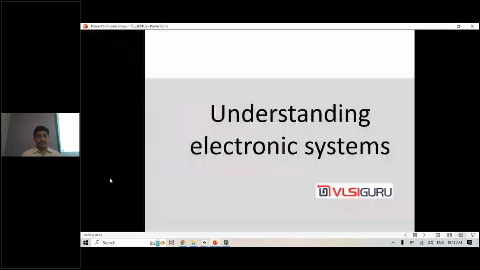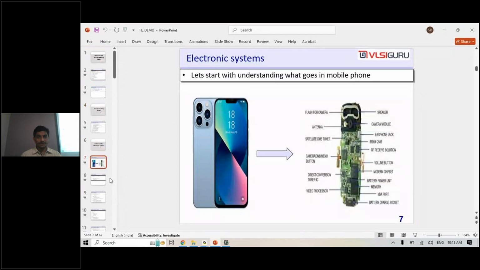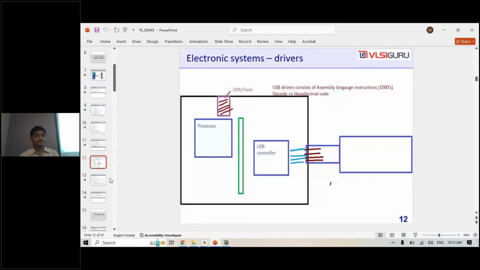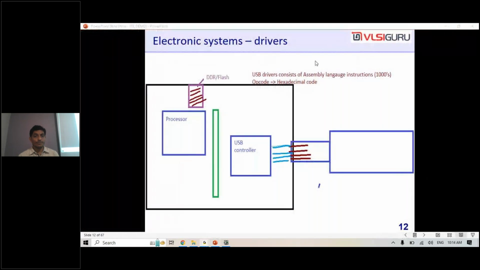Let me take you there directly, the diagram is something like this. I have a memory, DDR or flash memory. Here, those opcodes are loaded. In your memory you can store all the information, so that is loaded here.